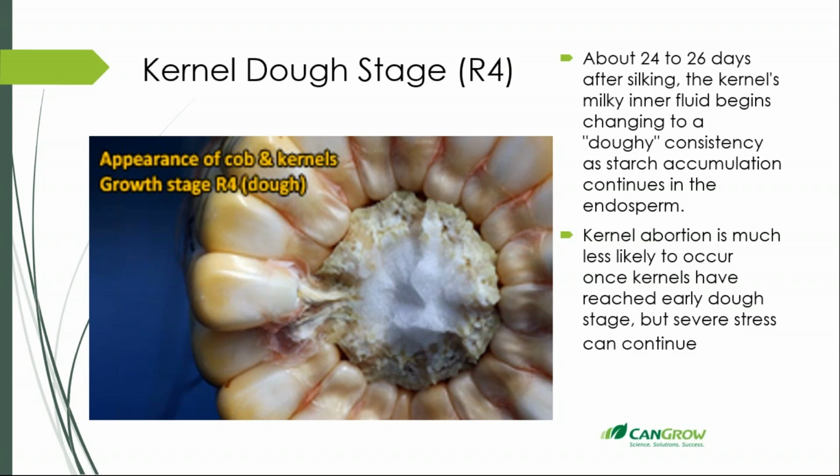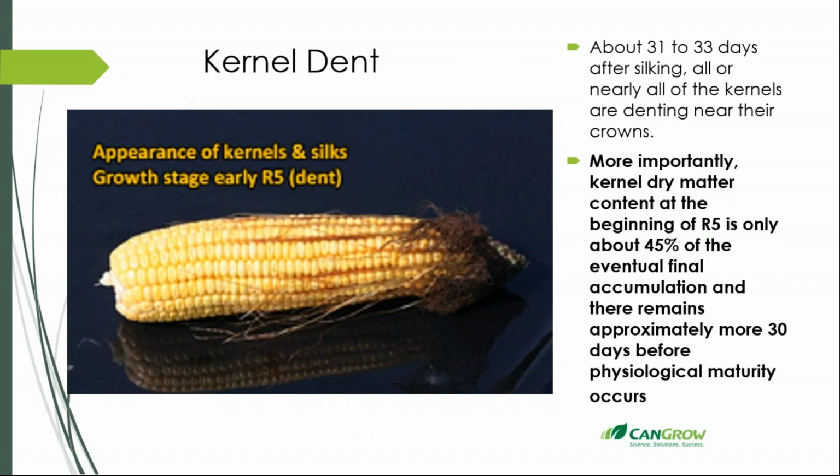Kernel abortion is much less likely to occur once kernels have reached early dough stage, but severe stress can continue to have an impact on the yield. So there's a connection to the development of starch, the accumulation of sugars transformed into starch, until you get to the point where abortion is no longer likely.